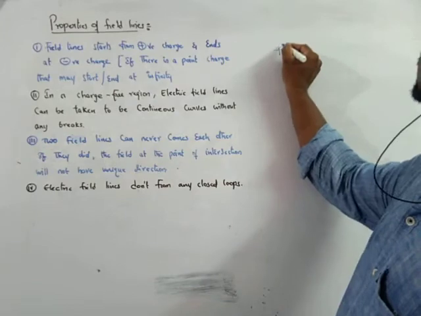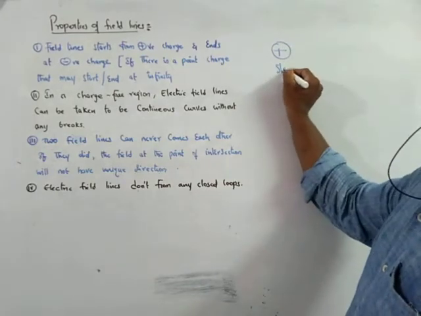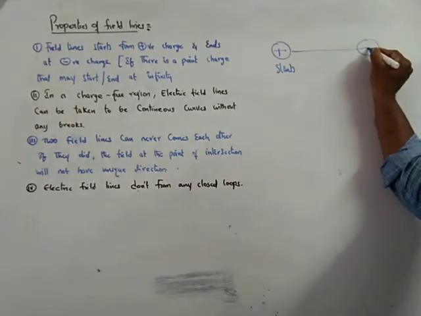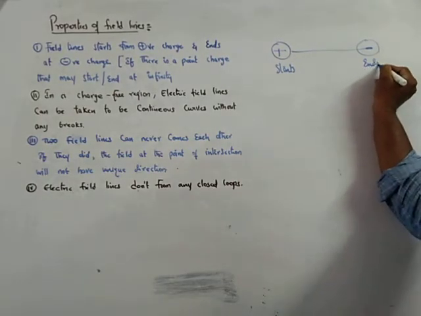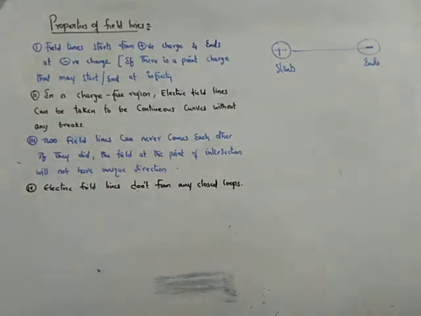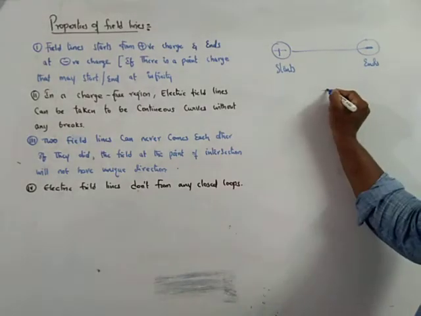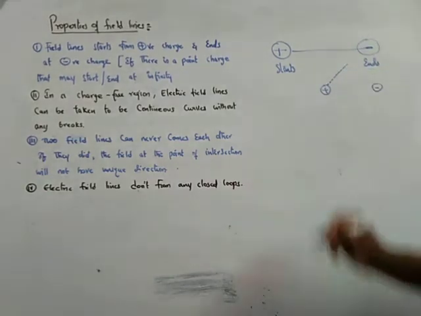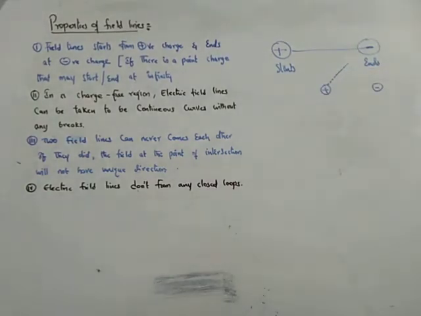It always starts from positive and ends at negative. Whenever we represent electric field lines, they always start from positive and end at negative. But whenever we have a point charge, either positive or negative, it will start or end.